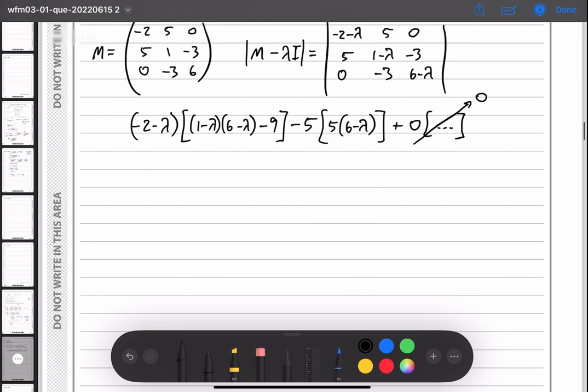That will be 0. And just to be really clear, all of this is the determinant of M minus lambda I, and we're setting this equal to 0.